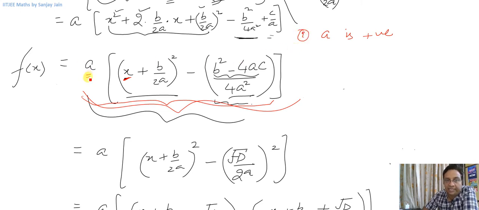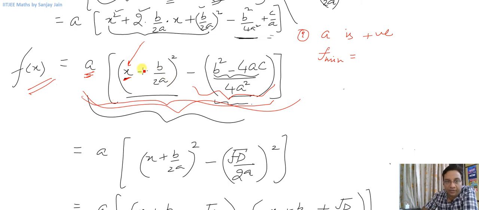When this a is positive, what will be the extreme value of this expression? Okay. Let us talk about the minimum value first. F min, minimum value of this expression. Now see, this is positive. You cannot do anything about this term, right? What you can manipulate is only the values of this x. So at what value of x this expression will have minimum value?